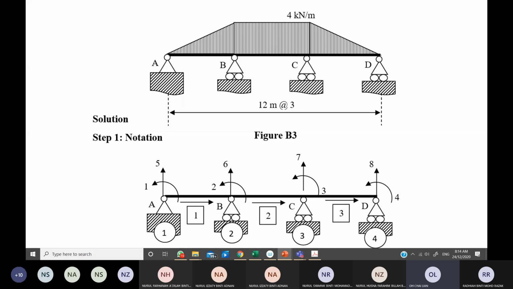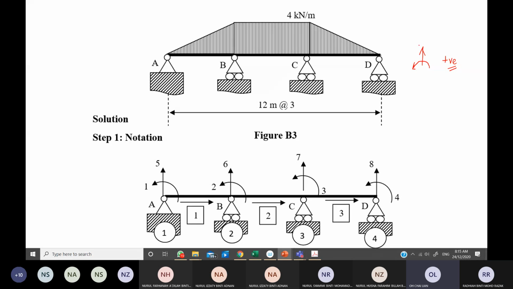Then we put in the DOF. In a beam there are 2 DOF at each node, in these directions. You need to place this and remember that the arrow point direction is the positive sign, indicating the positive sign convention.